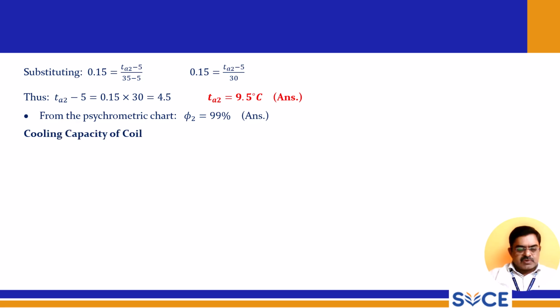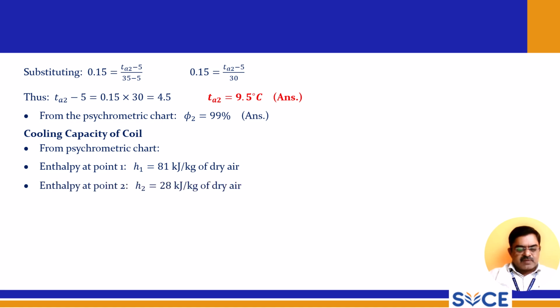percentage. So that is relative humidity at point 2, and cooling capacity of coil from psychrometric chart enthalpy at point 1. So H1 equal to 81 kilojoules per kg of dry air. So enthalpy at point 2 H2 equal to 28 kilojoules per kg of dry air.